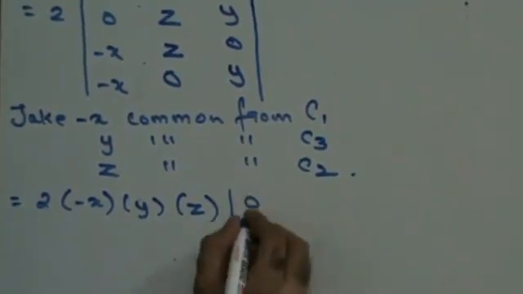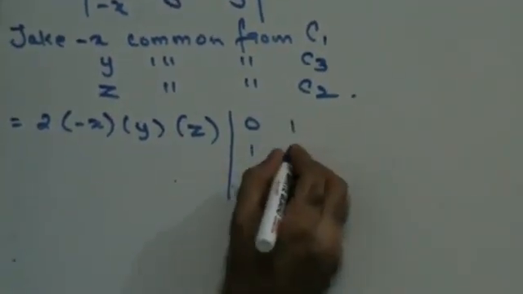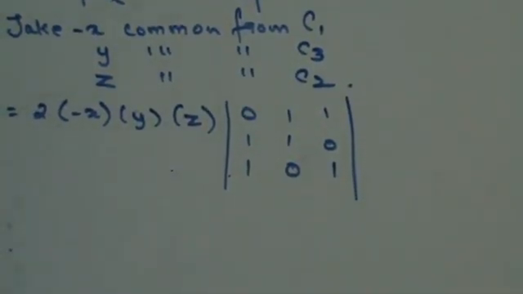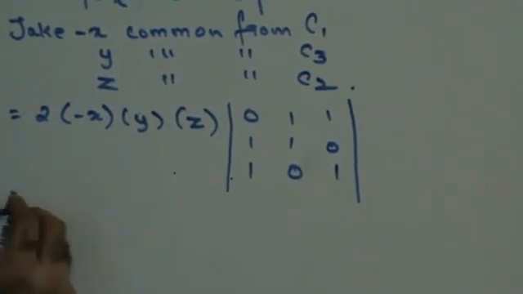In that case this will become 0 1 1 1 1 0 1 0 1, because x, y and z have gone out as common. So this will give you minus 2xyz.